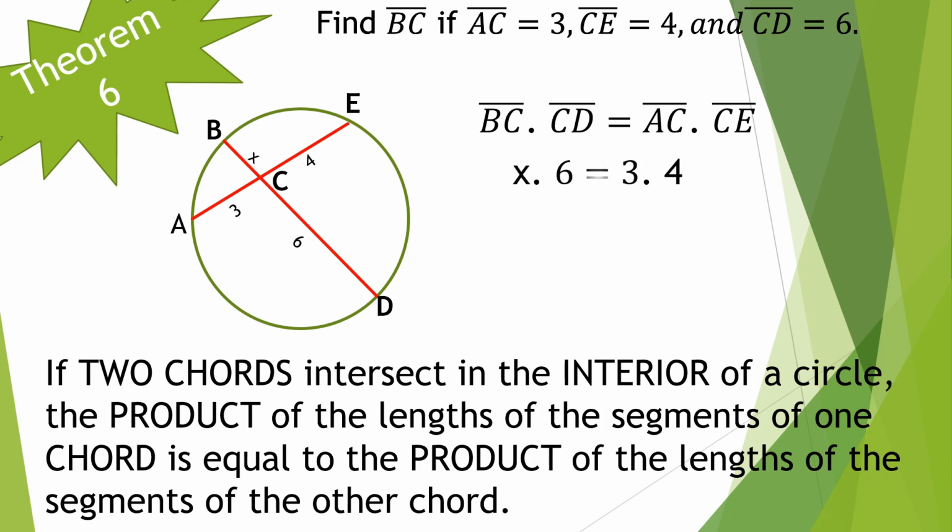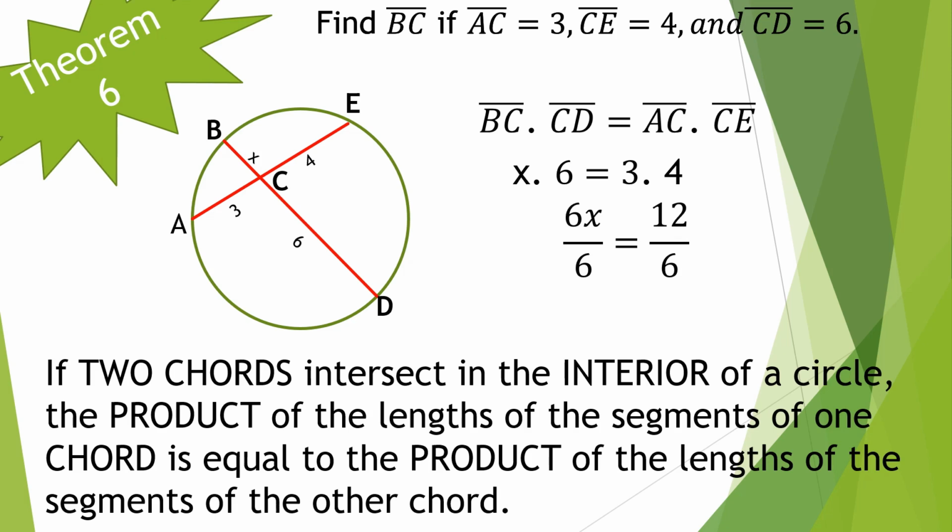Since we don't know BC, we'll just copy BC. BC times CD, which is 6, equals AC, which is 3, times (this dot here means multiplication) CE, which is 4. So, what is 3 times 4?